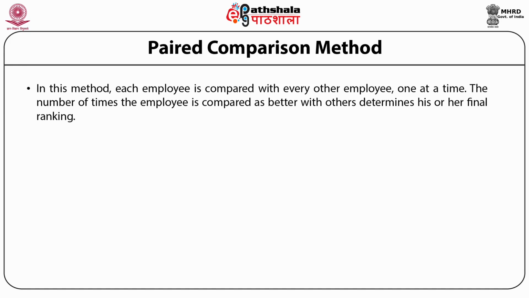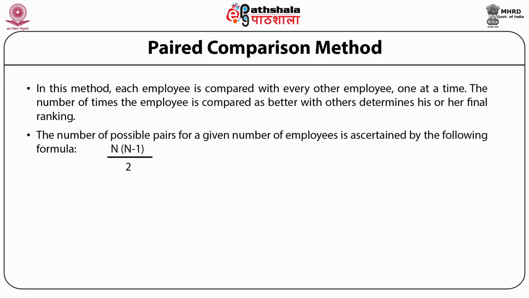The number of times the employee is compared as better than others determines his or her final ranking. The number of possible pairs for a given number of employees is ascertained by the following formula: n(n-1)/2.